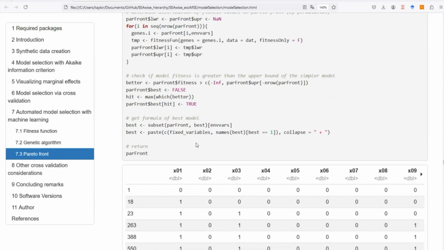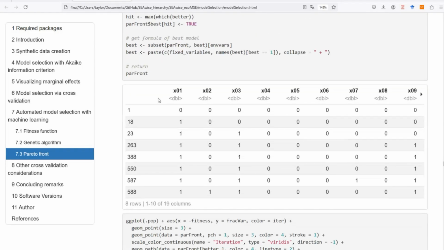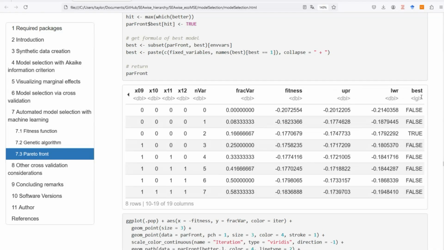Okay, and this was the data that went into the Pareto front. The best performing one in terms of fitness was this first row. Actually, no, this is by model complexity. So the 0 coefficient model is on the top, and then these are the best models at each complexity.